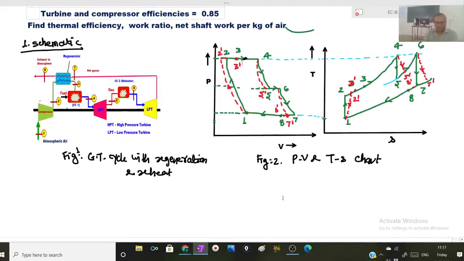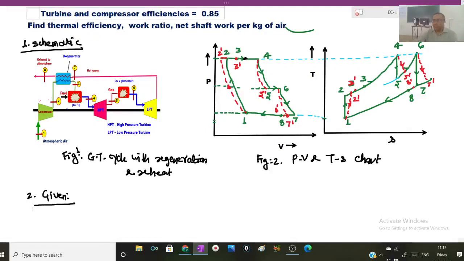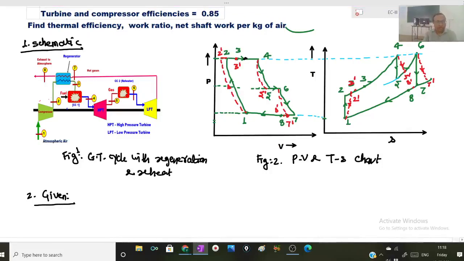Now let us enlist all the given things. So I have my problem with me. From there I can enlist. The very first parameter given to you is inlet pressure, and it is 1 bar. Then inlet temperature 295 Kelvin.